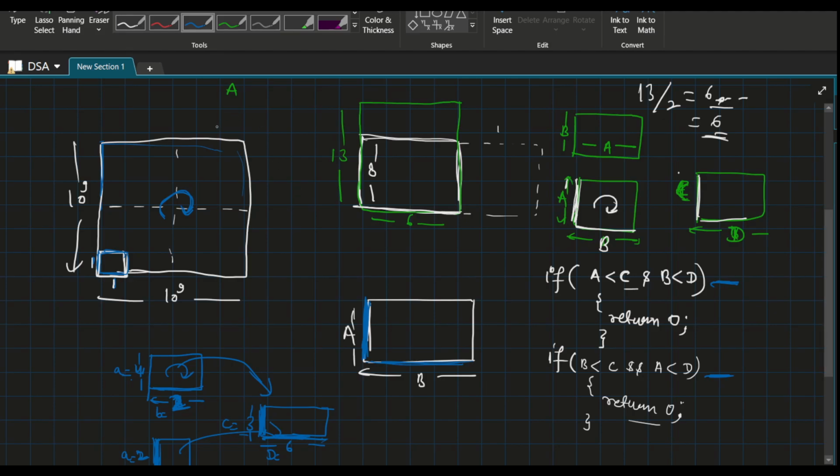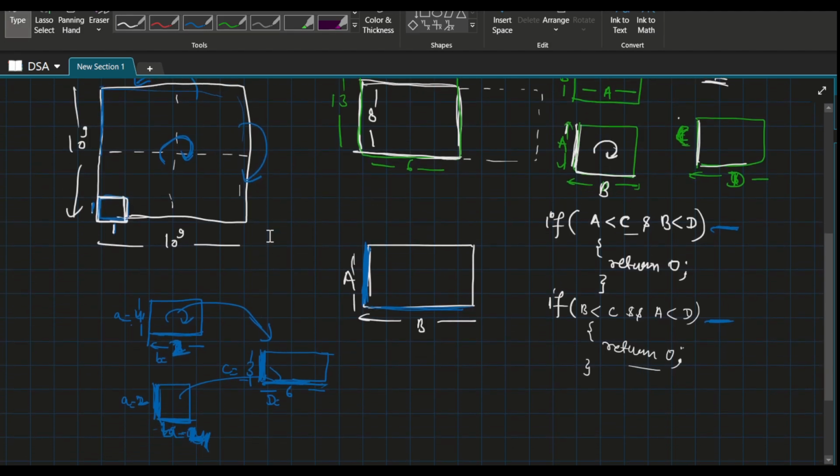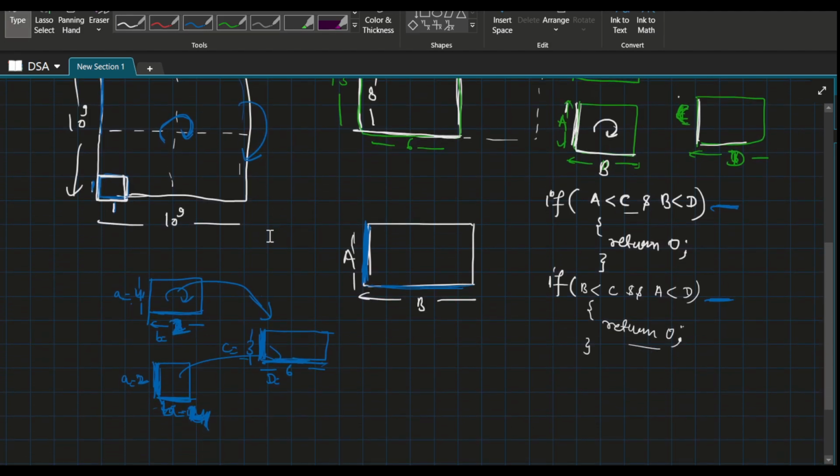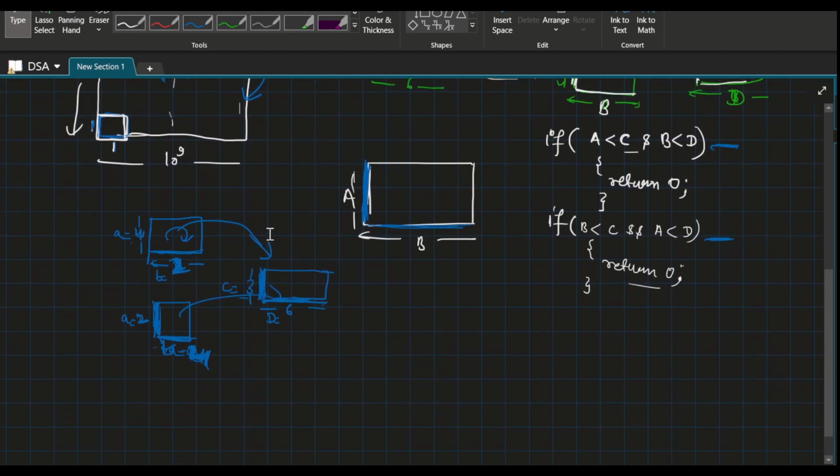So we have to fold this from this axis also and from this axis also. So we have to apply two moves at least.